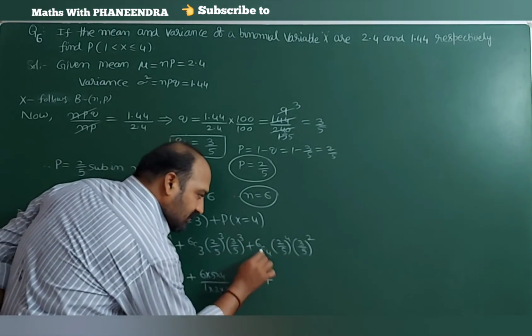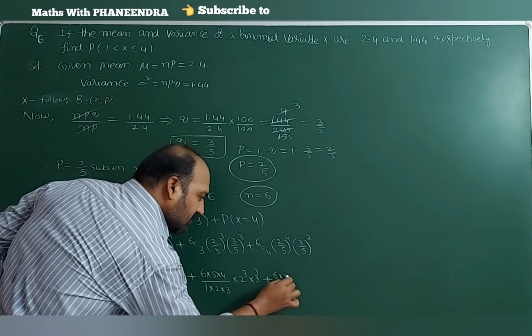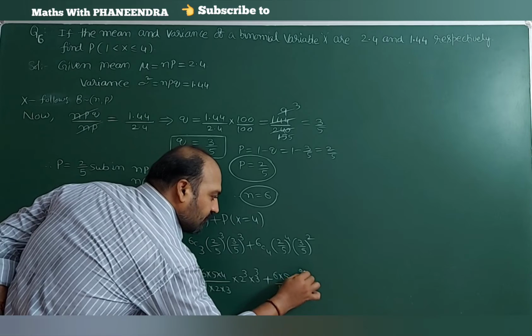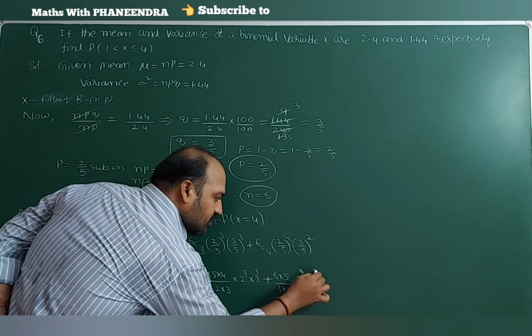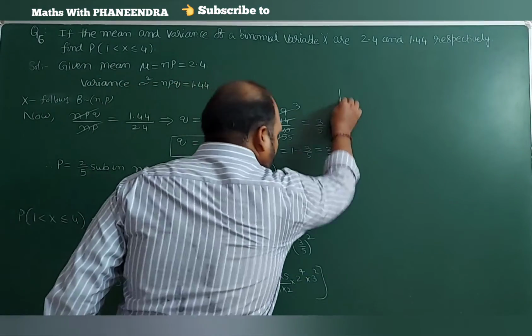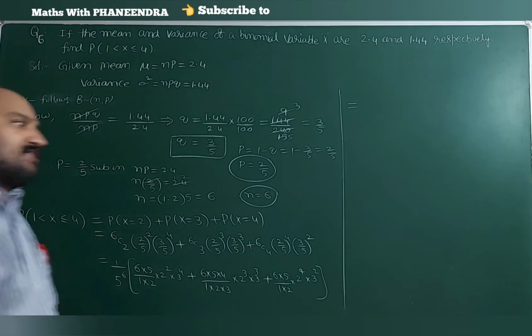Plus 6C4 is equal to 6C2. Same thing only will come. 6C5, so that means 6 into 5 into 1 into 2. So 2 power 4 into 3 square. Denominator I have taken common already. So that is equal to 1 by 5 power 6.